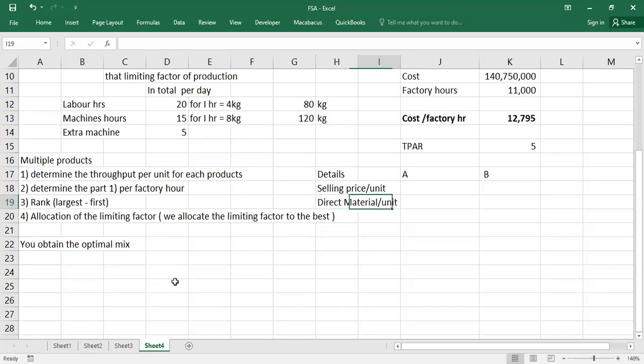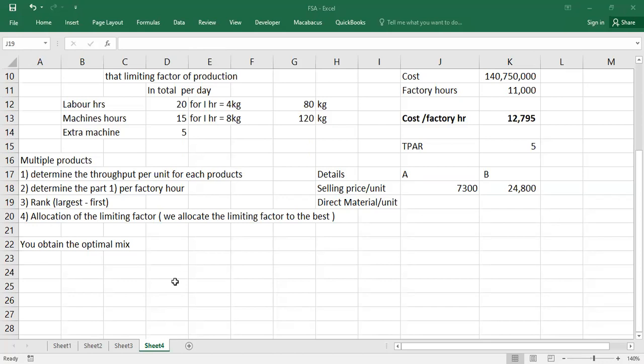These were given in the question, and for A, its price is 7,300. For B, we already saw it, it is 24,800. Then material, you have... Am I giving the right answers? I think it's a material cost, not the selling price.